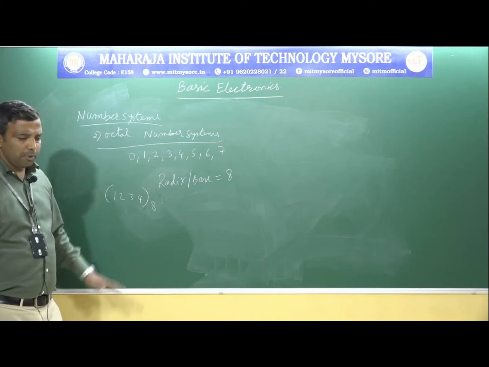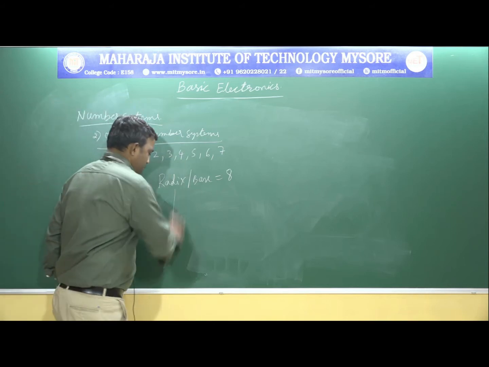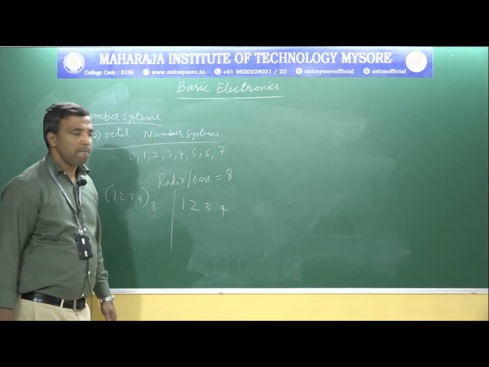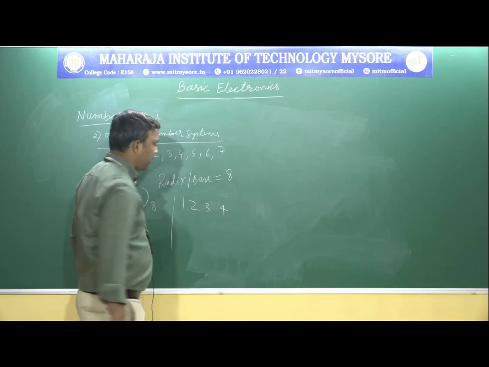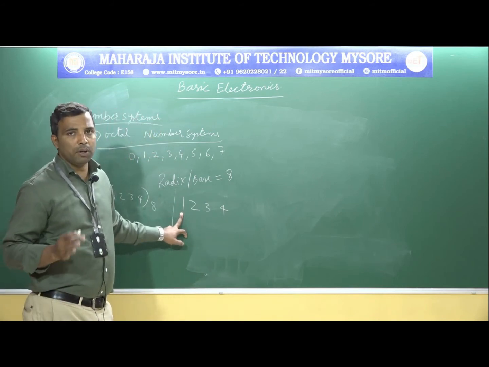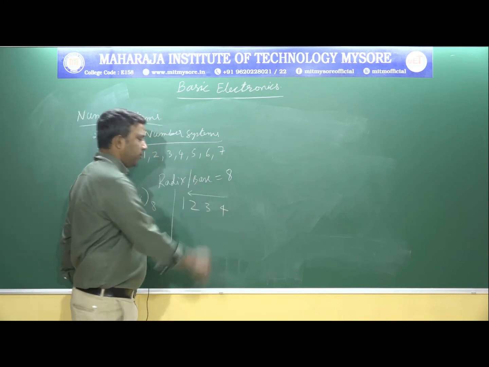Here also, we are going to represent the positional value. For example, 1234, I consider. This is the LSB, the least significant bit, and this is the most significant bit. For whole numbers, the positional value goes from right to left.